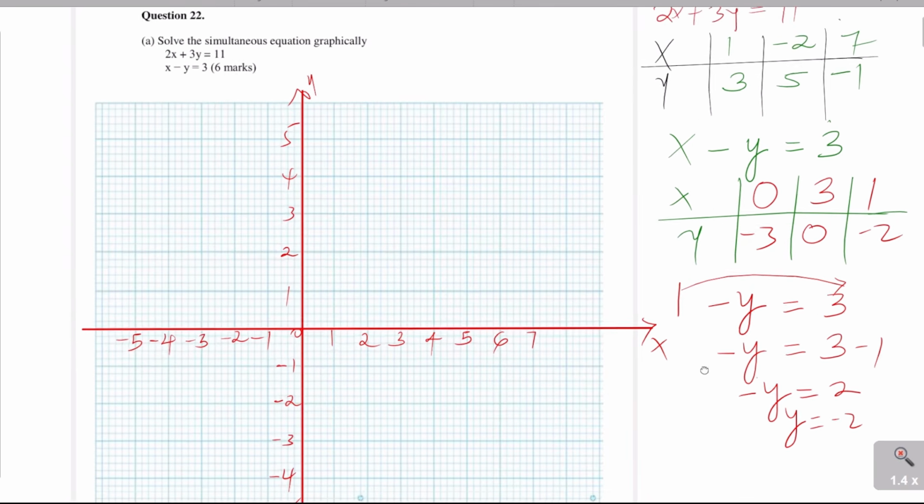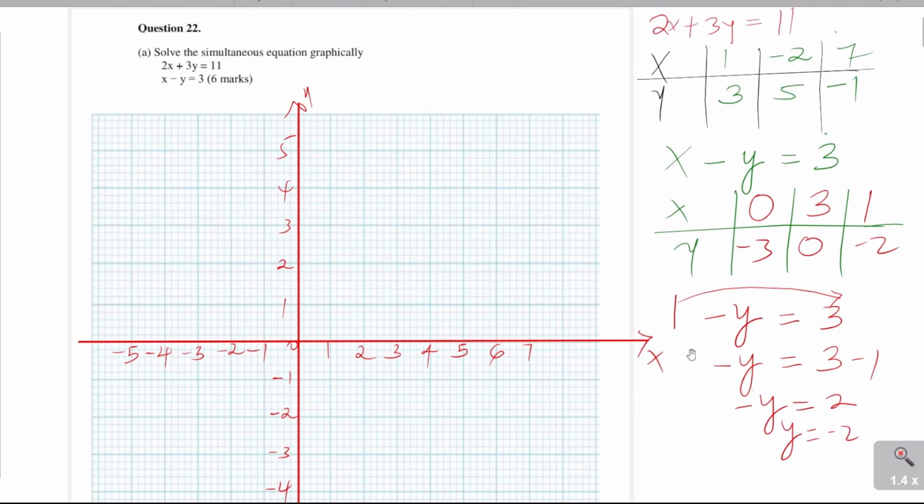So let me plot the first one. The first one is 1, 3. So 1, 3 will be there. So you plot that. Then negative 2, 5. Negative 2 is here, 5 is here. So negative 2, 5 is here.